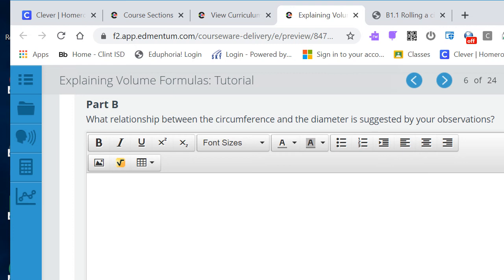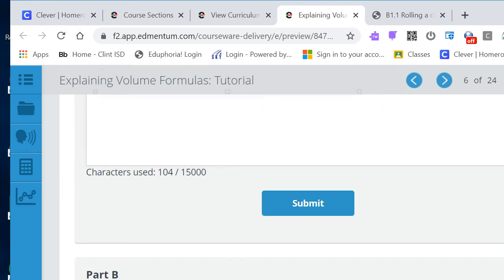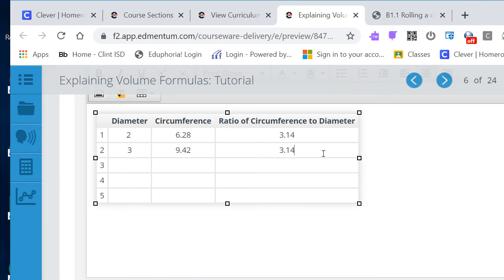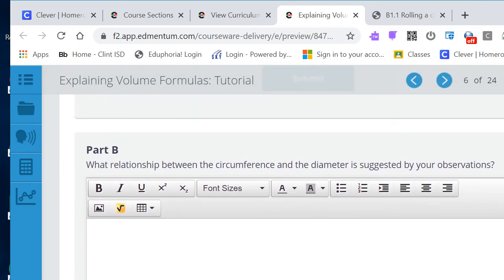What relationship between the circumference and the diameter is suggested by your observations? If you notice, we have seen 3.14 before, okay? And that is our pi.